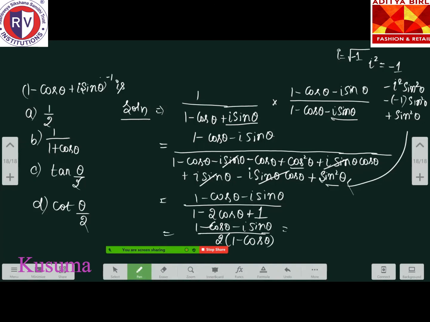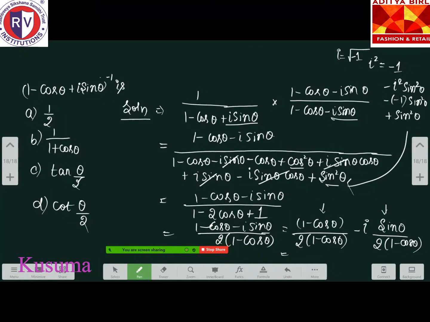So I will take all the real terms together and the imaginary terms to one side. The real term is 1 minus cos theta divided by 2 into 1 minus cos theta, minus i into sin theta divided by 2 into 1 minus cos theta, where this is the imaginary term.